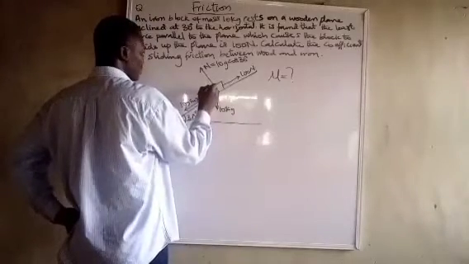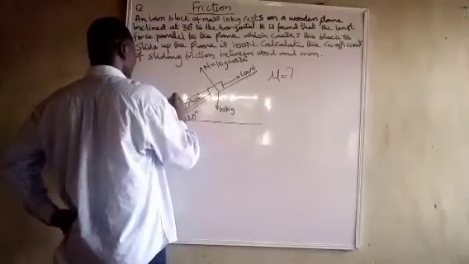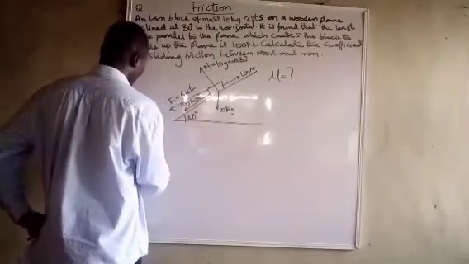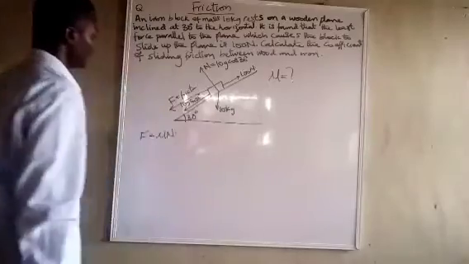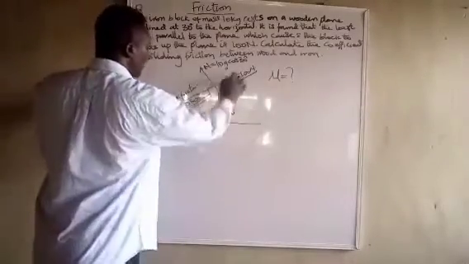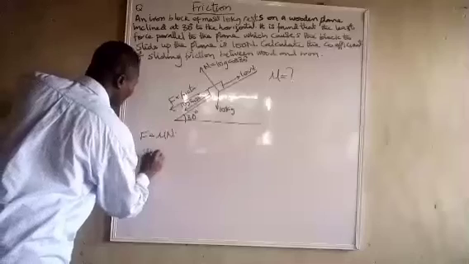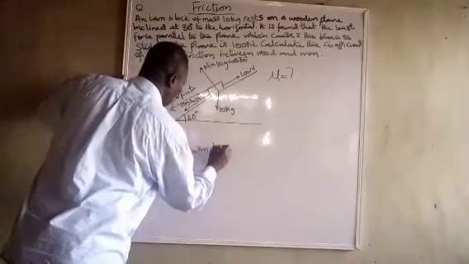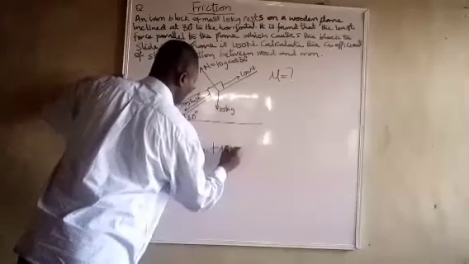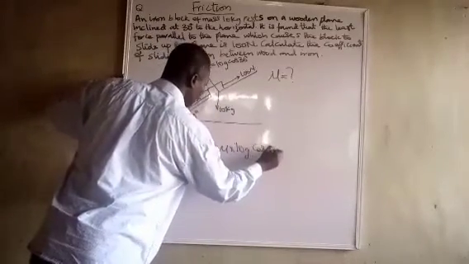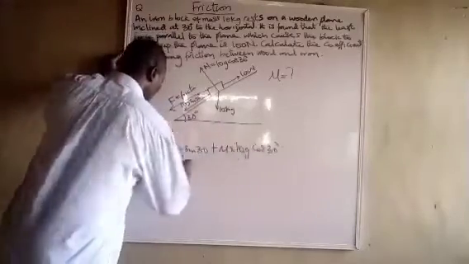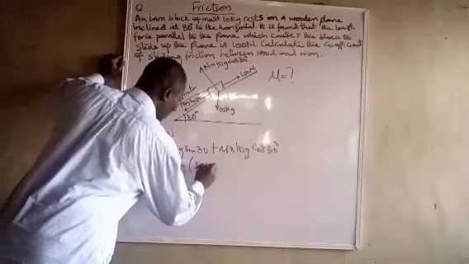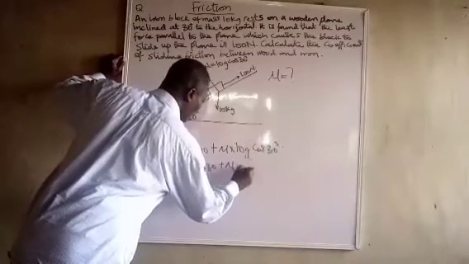At the same time, we now have F, the frictional force, and F is mu N. Now, we can add this one to be equal to this. So 100 is equal to 10g sine 30 plus mu times 10g cos 30 degrees. And this is equal to 10g into sine 30 plus mu cos 30 degrees.